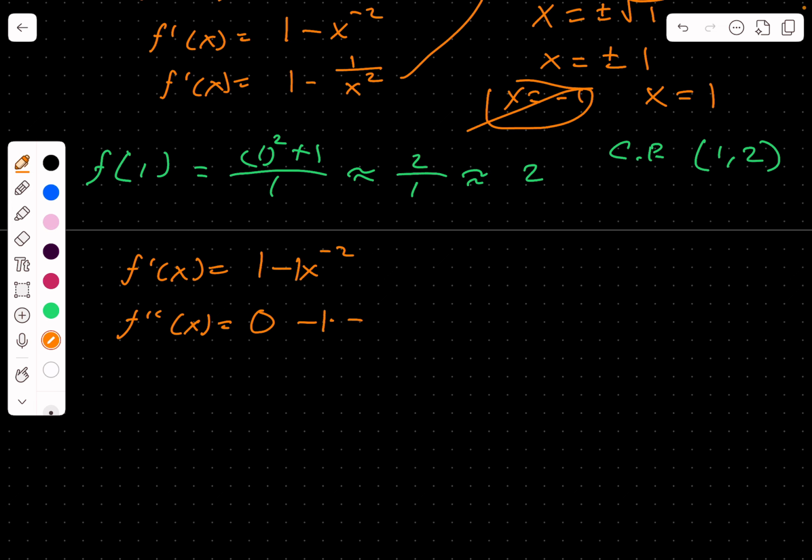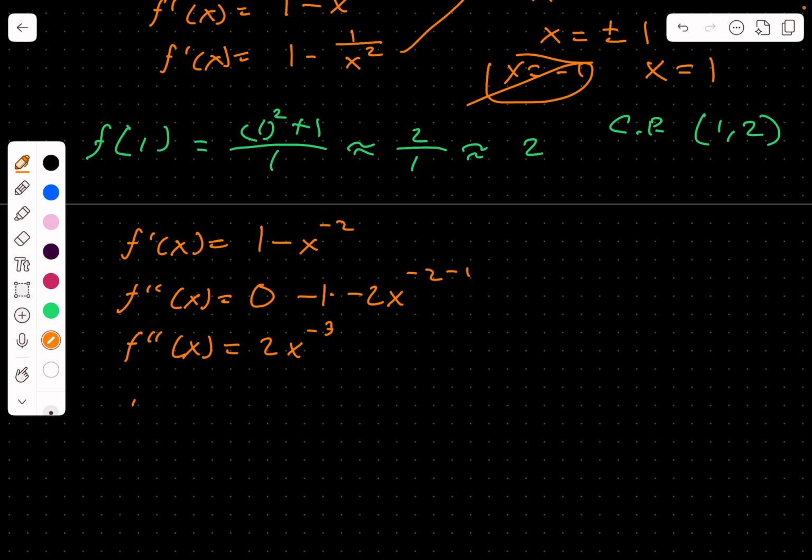There's technically a 1 here and we don't write it. So negative 1 times negative 2x to the negative 2 power minus 1. Therefore, f double prime of x equals a positive, again, because remember, 2 negatives multiplied equals positive. We get 2x to the negative third power, or rather, and this is not in proper form, so I'm going to put it in proper form. We get 2 over x to the third power.